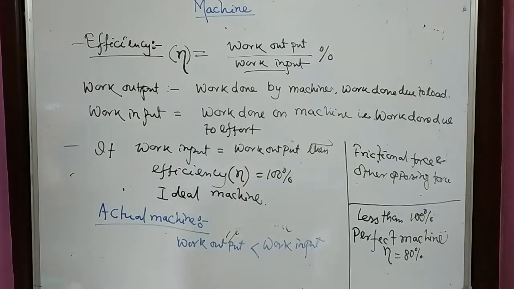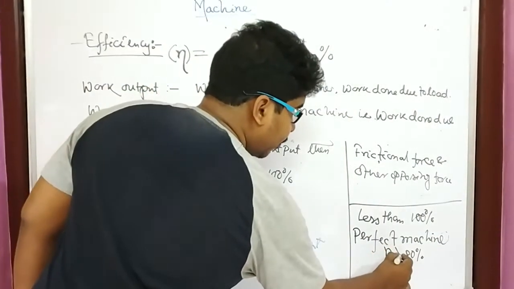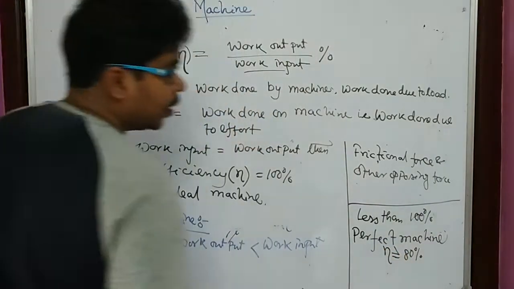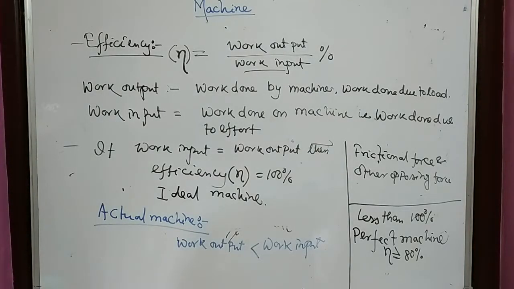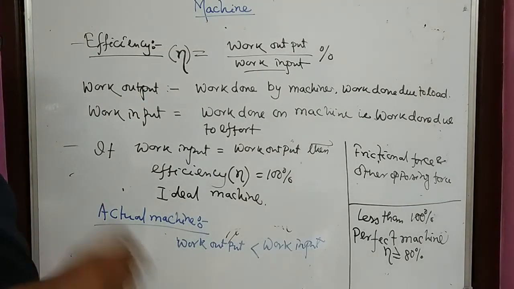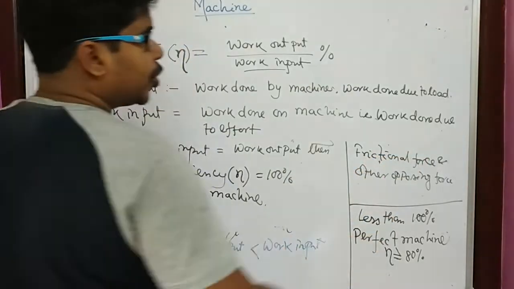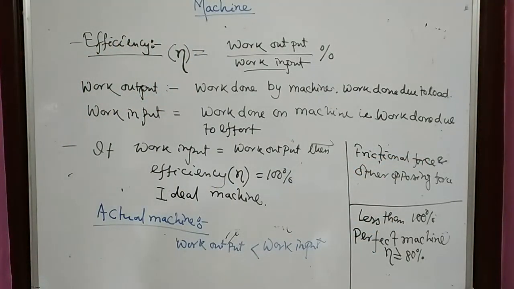So 80% means whatever work you have done, 80% of the work you have converted into output, but 20% of the work is wasted or lost against frictional force and other opposing force.